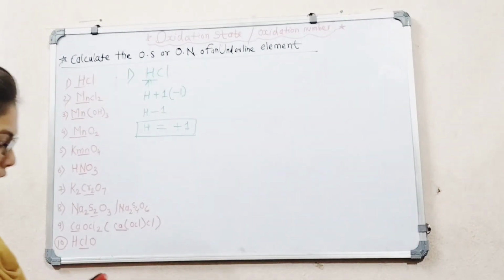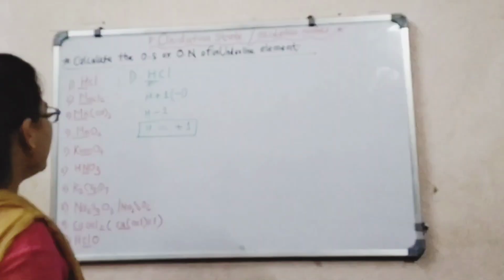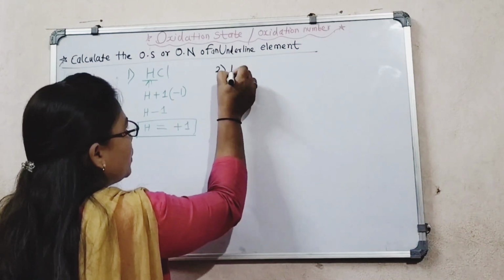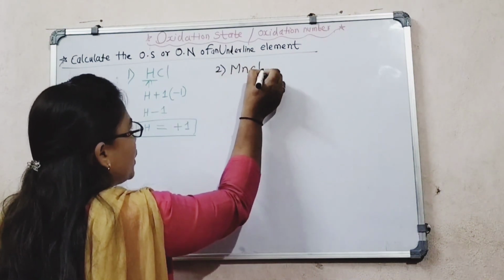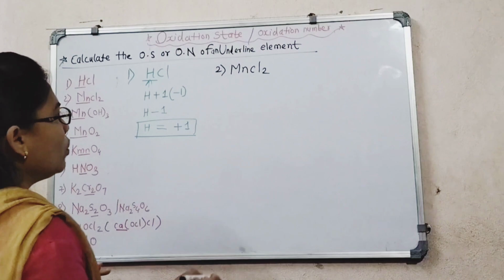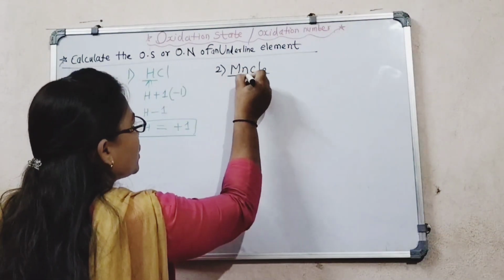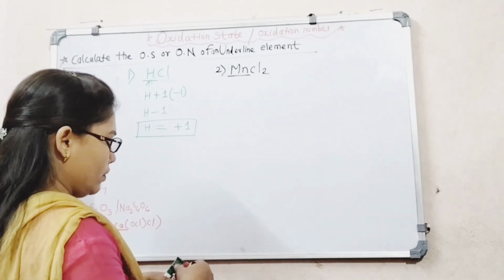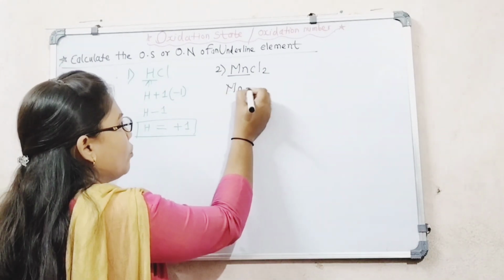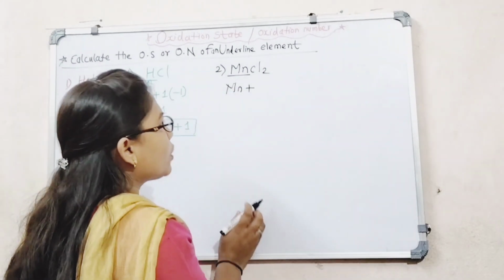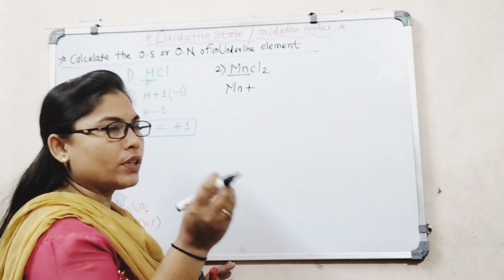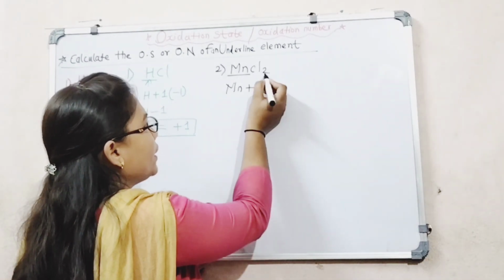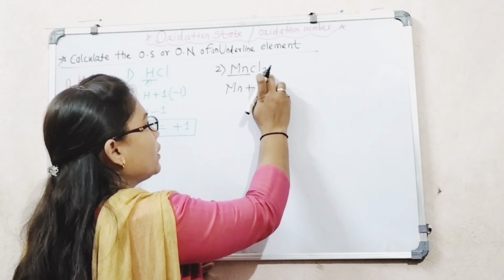This is the first example. Then the second one is MnCl2. In this example, we have to calculate the oxidation state of manganese. Let's see. Mn, we know that the oxidation state of Cl is -1, and how many Cl are there? There are 2.